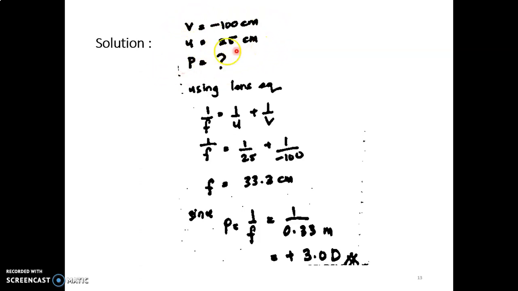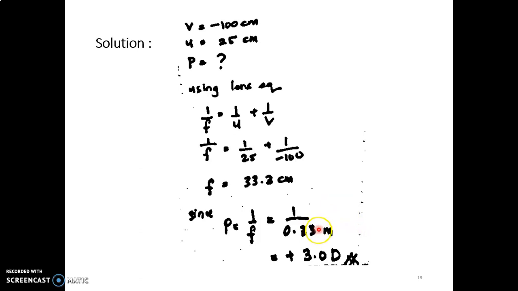Since we have these two pieces of information, we can use the lens equation to get the focal length. 1 over f is equal to 1 over u plus 1 over v. Substitute all the values, and you get a focal length of 33.3 centimeters. Since power is equal to 1 over f, it is equal to 1 over 0.33 meter.